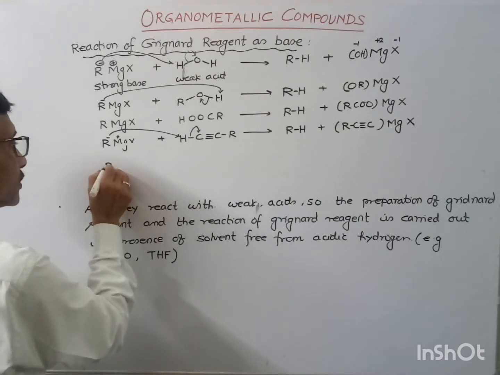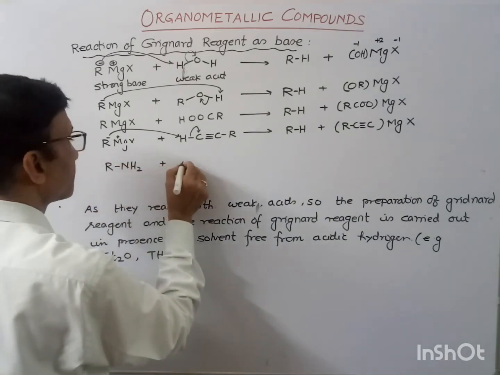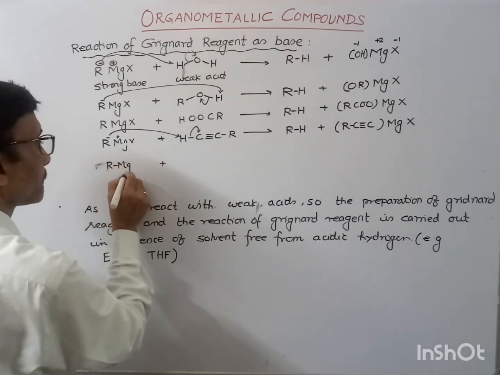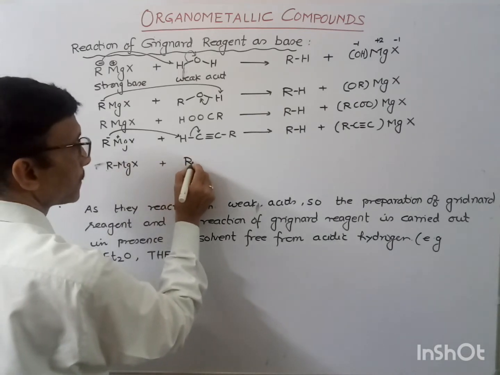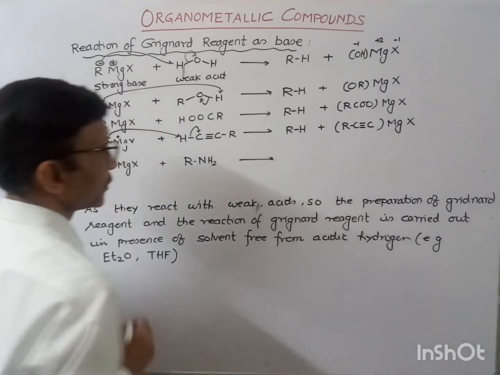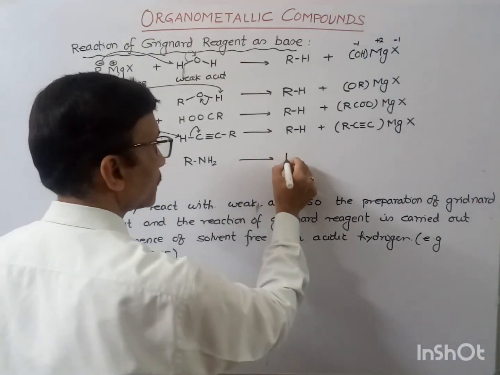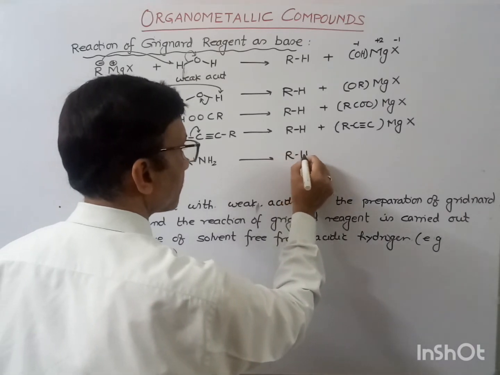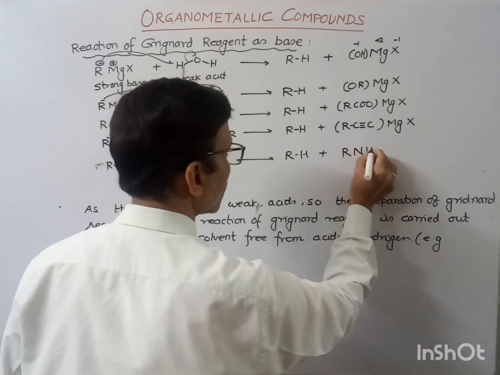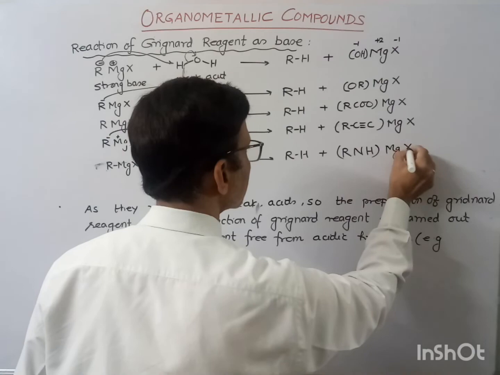So if we have, suppose, amine, one of the acidic hydrogen being present over here, plus RH and MgX.